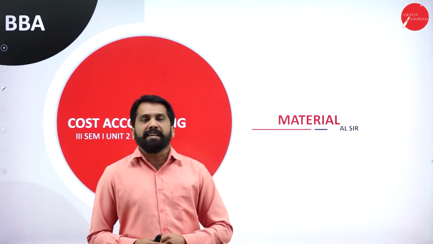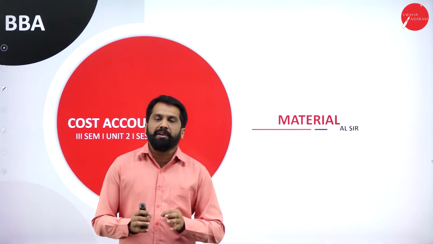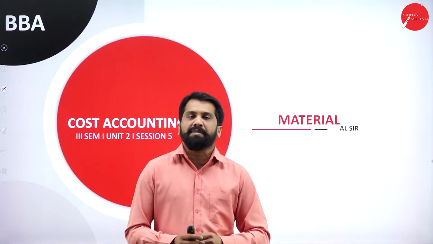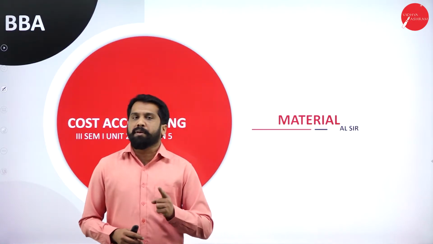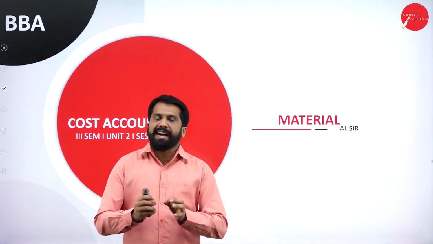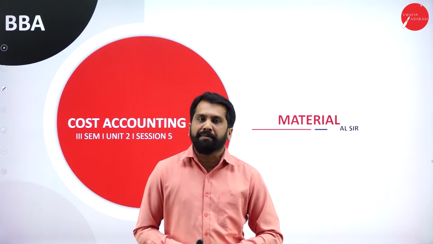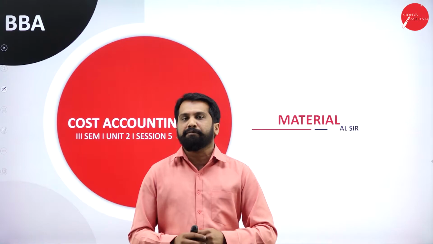The ABC analysis we discussed in theory, and as I told you, in your examination you will not get any problems on ABC, but to be on the safer side we will do one problem on ABC, as well as the danger level in stock levels. Those things we will do at the end of LIFO and FIFO.